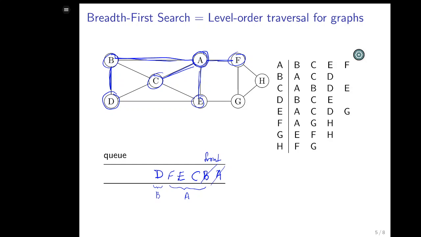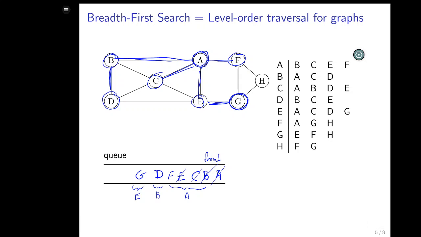We pull C off, but C is surrounded by things that have already been in the queue. We can pull E off. E is surrounded by things that have been queued except for one, G. So G goes into the queue. Who's responsible for G being in the queue? Thank you. E.